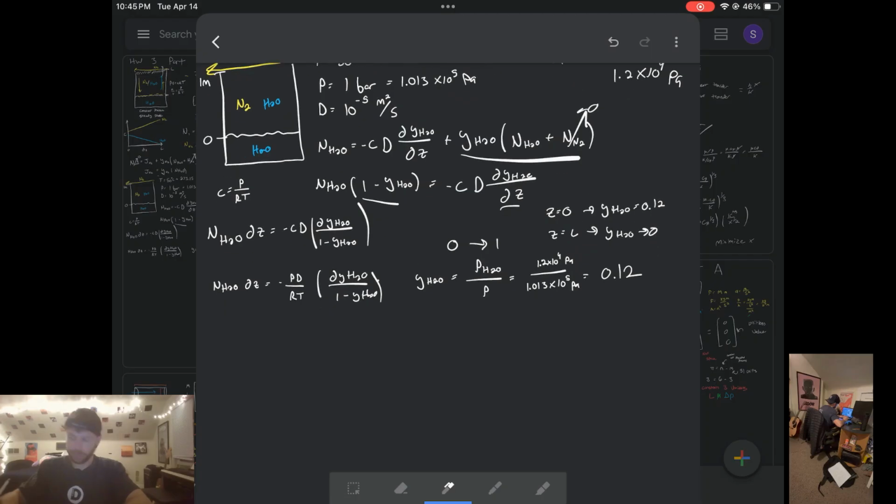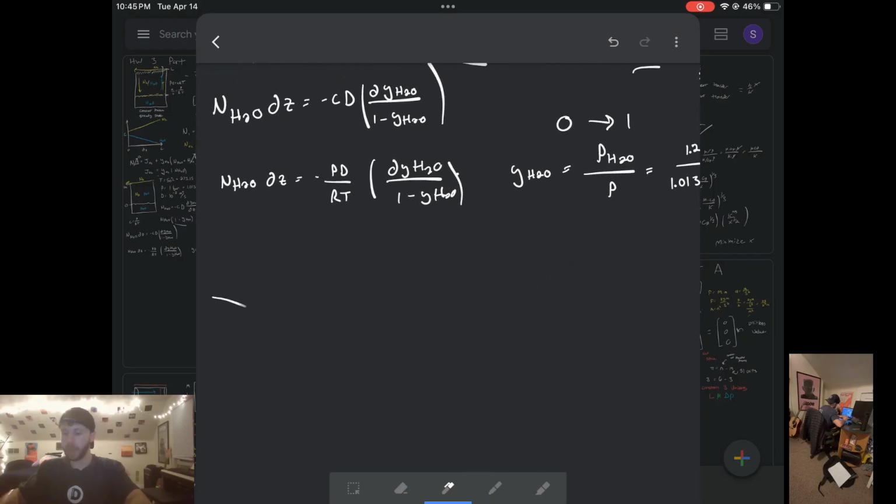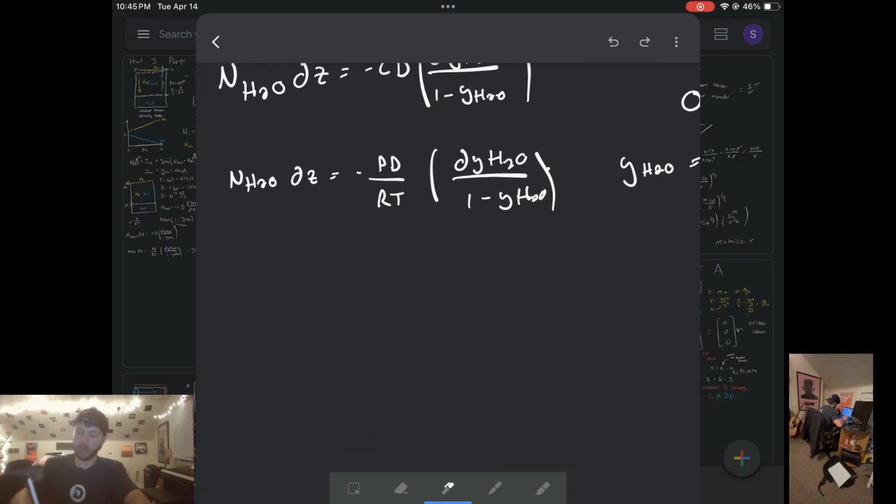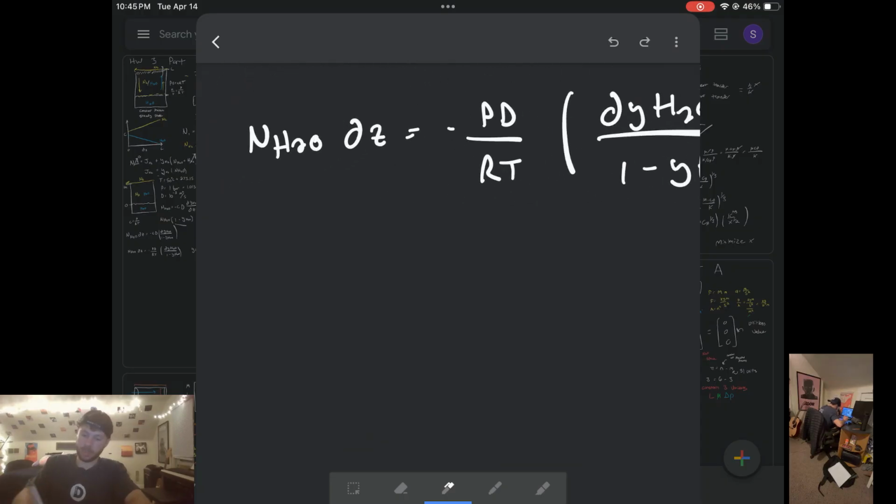So if we write out our integrals here, we'll take out our constants.